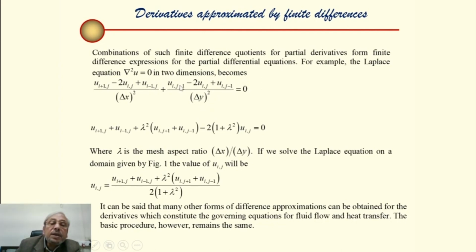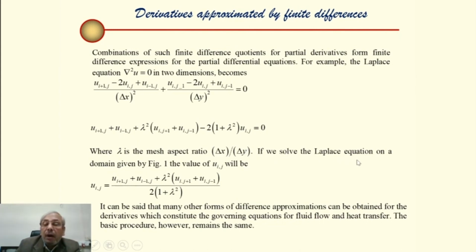Please be careful, this is j plus 1. So from here we can write u(i+1,j) plus u(i-1,j) plus lambda square u(i,j+1) plus u(i,j-1) minus twice 1 plus lambda square u_ij equal to 0, where lambda is the mesh aspect ratio, that means delta x by delta y.